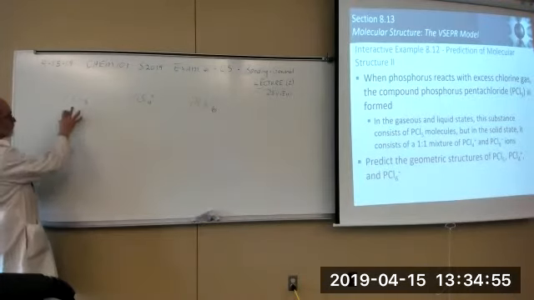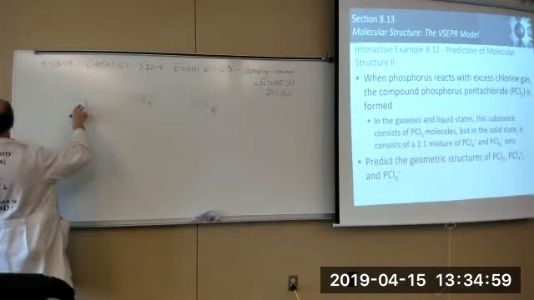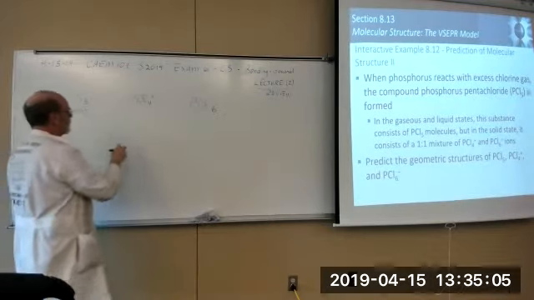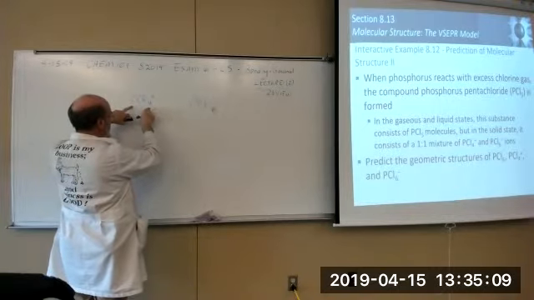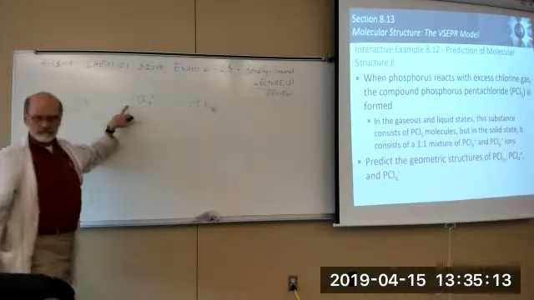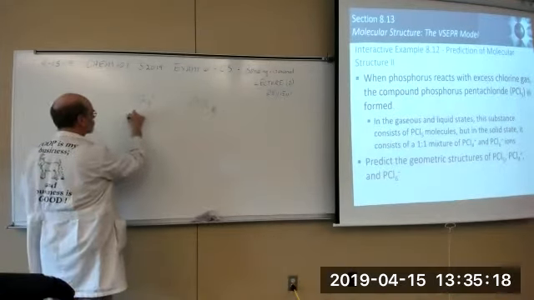You have to draw the Lewis dot structure. This one is going to be 7 times 5 is 35, and phosphorus is 5 is 40. 40 electrons. This one's going to be 4 times 7 is 28, and 5 is 33, but it's a +1 charge, so it has to be 32 electrons.